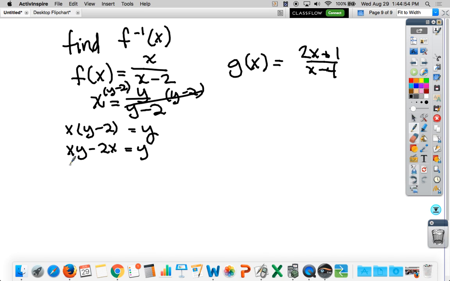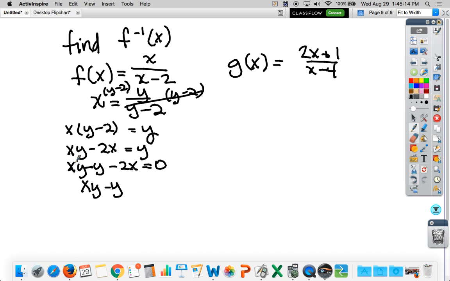Okay, combine the y terms. It doesn't matter, I could have moved this over here, or I could have brought the y, which is what I did. What do I need to do now? Okay, I have an x here and I have an x here. Move the 2x.